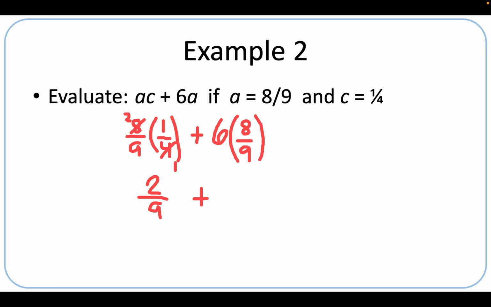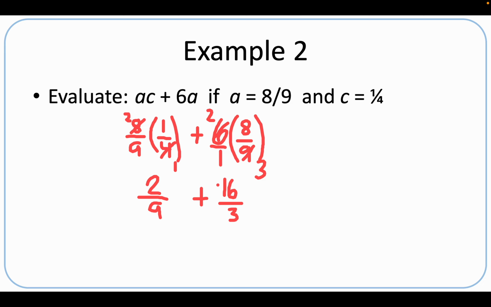And then we're adding, and I can do some cancellation here too, because I could put this 6 over 1. And I could factor out a 3 from the 6 and 9. So we'll change that 9 to 3. We'll change our 6 to a 2.